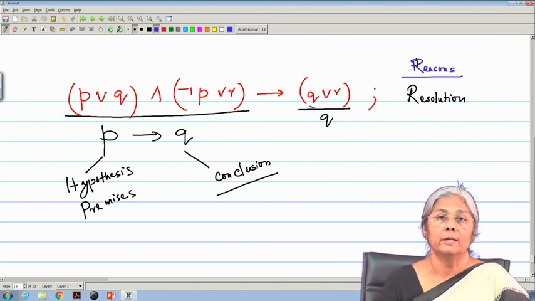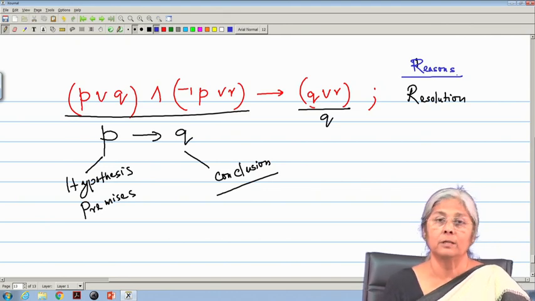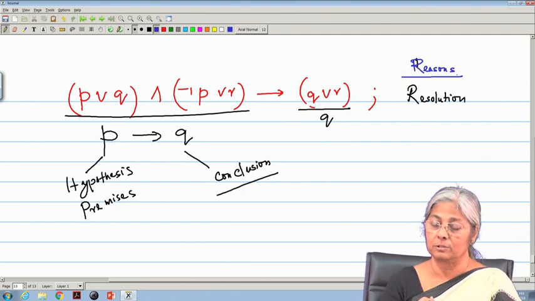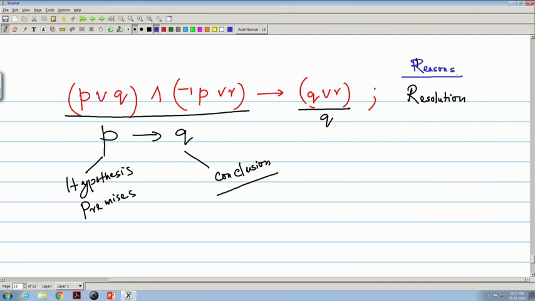When we do the examples next day, we will see how we can apply these rules of inferences, and the formal way of writing the hypothesis, conclusion, and then the simplification applying these rules of inferences.